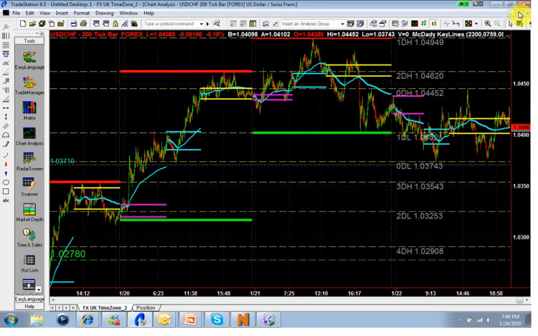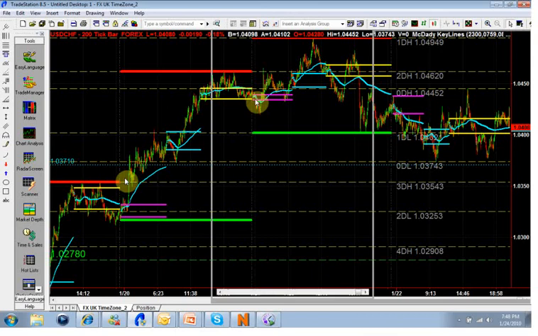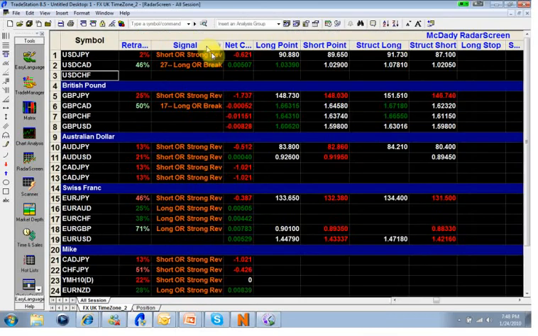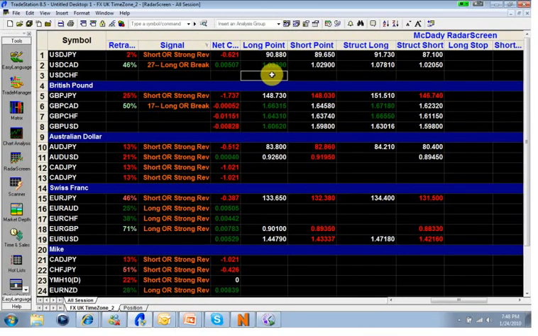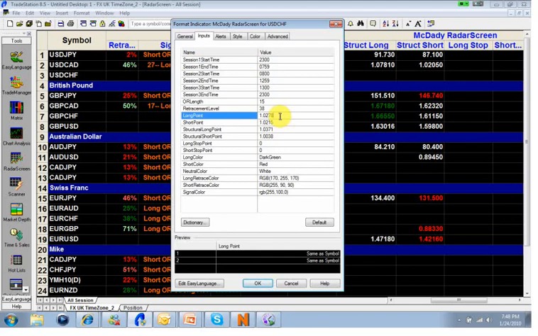Okay, so we want to make sure that we take the buy above the 104.45. These are the long points.